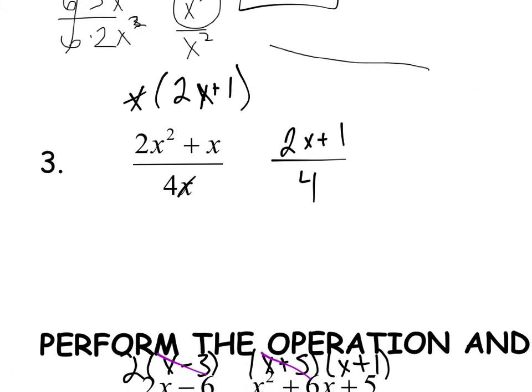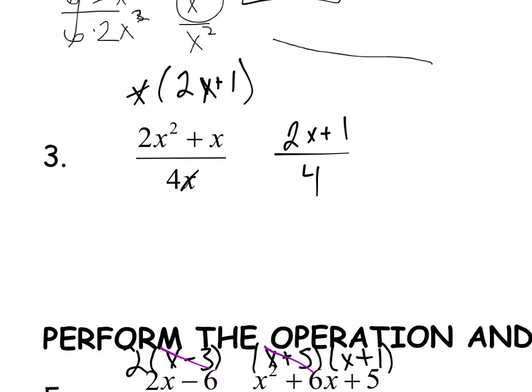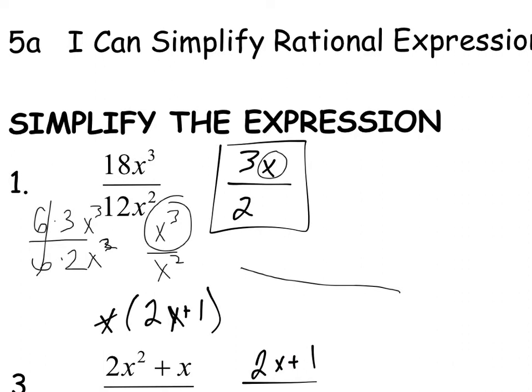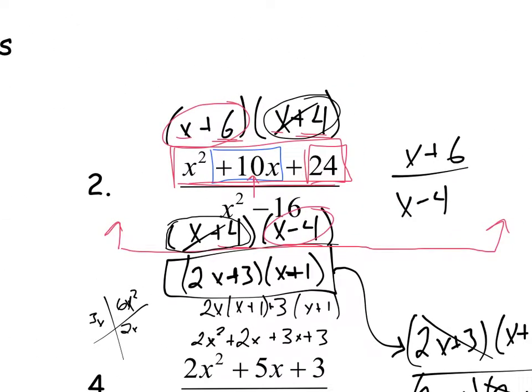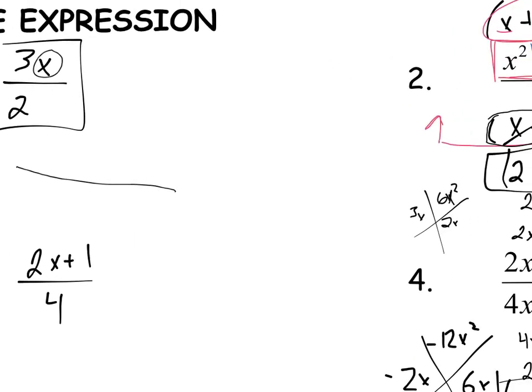Alright, number 3. This one I did quick and easy. The first thing you look for in factoring is common factors. That should be your first step every single time. Even when you're looking at something like this, what is the common factors? See if there's any common factors each time.